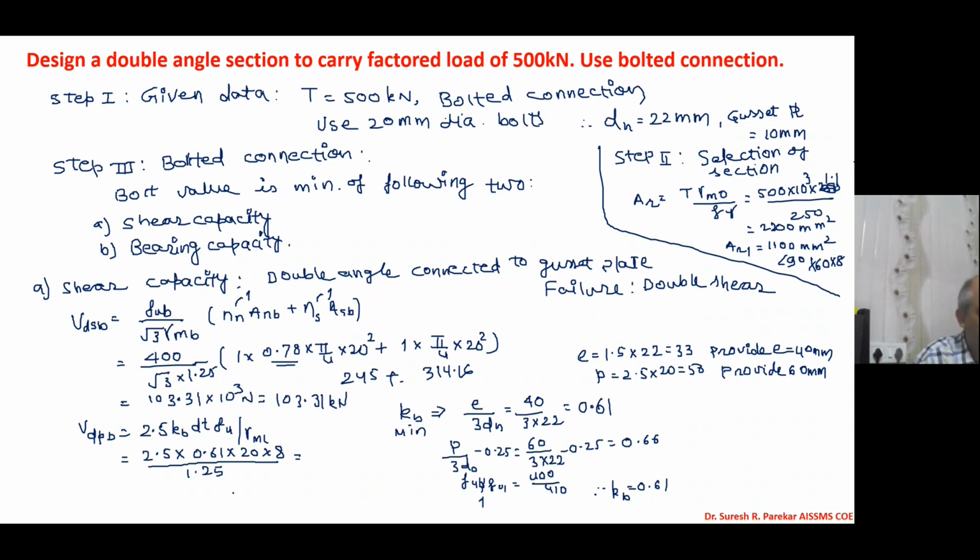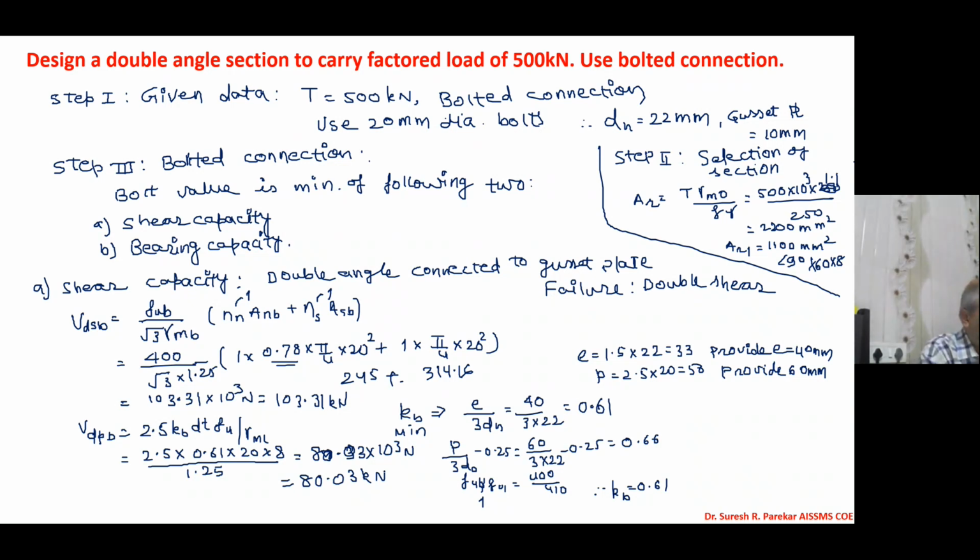So I will consider thickness 8 upon 1.25. If we calculate this value, 2.5 into 0.61 into d into t into Fu upon 1.25, we will get 80.03 into 10 raised to 3 Newton, which is 80.03 kilonewton.